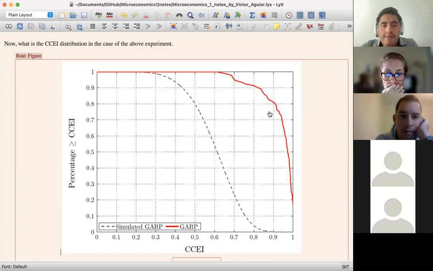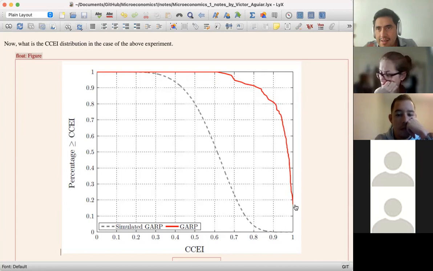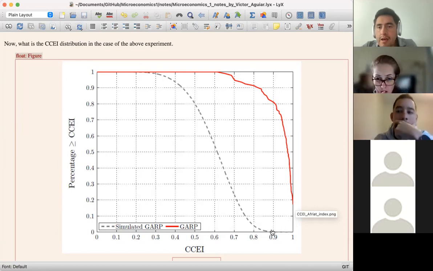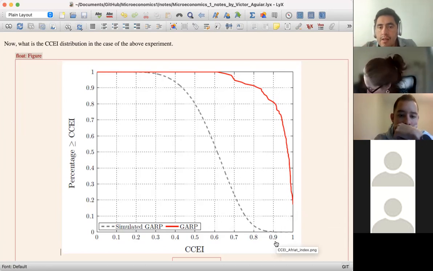Sorry, this is the percentage of people, and this is the CCEI. So this is 1, and what is the fraction of people that are passing GARP? You go here, and this is 17%, okay? Now, let's say I lower the Afriat efficiency index to 0.9, so 10% of wasted income.